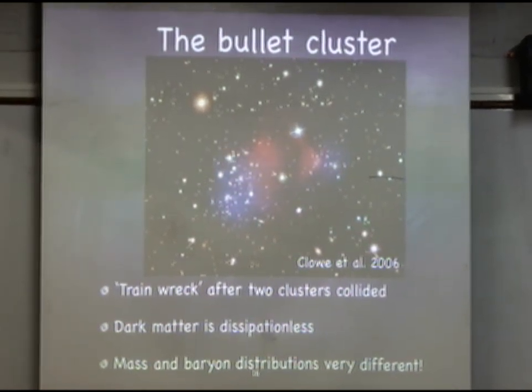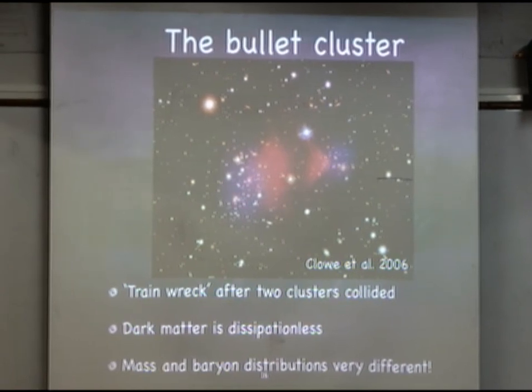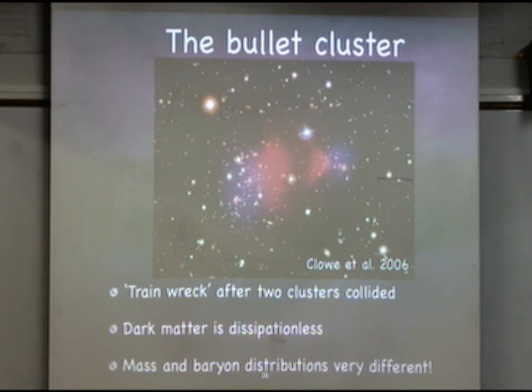So, blue is the distribution of dark matter as measured with this method. But my question is how they measure with such detail the distribution of gas. It's an X-ray image. X-ray doesn't have this kind of resolution. Okay, I'm just asking.